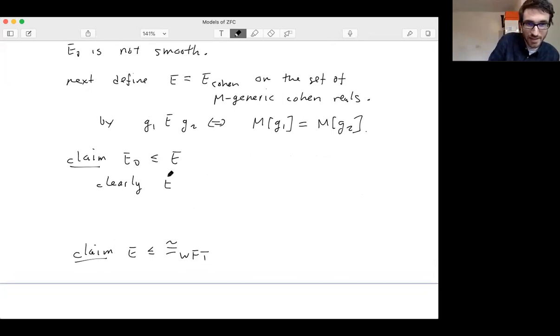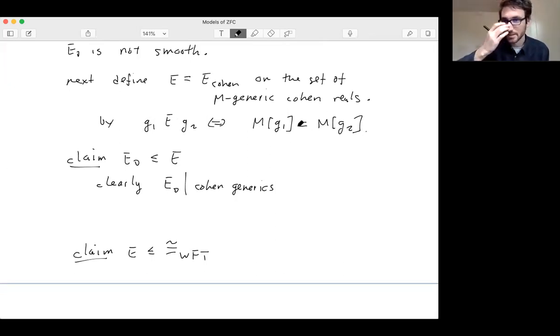So if you take E0 and restrict it to just the Cohen generics, the statement that any two E0 equivalent G's give rise to the same M of G is just saying that E0 restricted to the Cohen generics is a sub-equivalence relation of E.